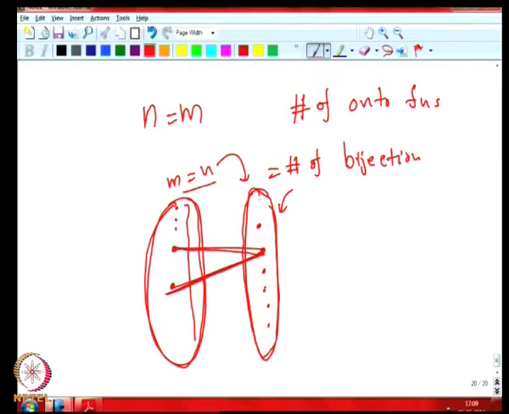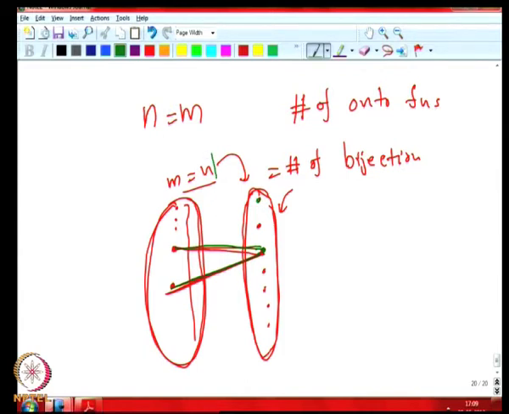That means it won't be onto. There will be some value here which will not get a pre-image, because we unnecessarily wasted resources, right, we didn't use the resources properly. If they are exactly equal, we should have mapped one for one, right. So there will be one left here, so that means it won't be an onto function.